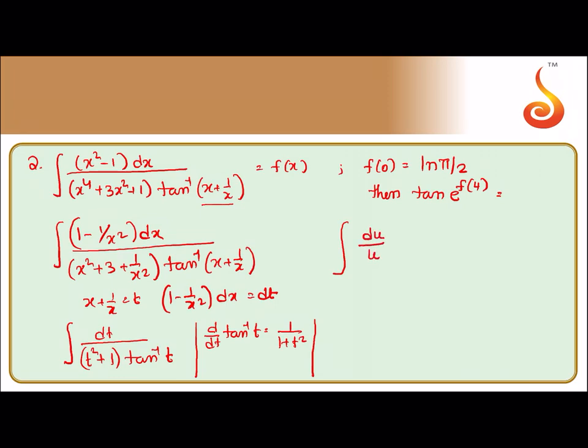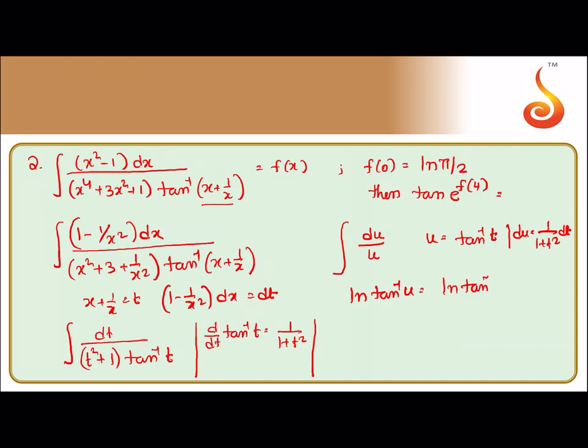So, this can again be written as du by u. What is u here? u is equal to tan inverse t. So, du is equal to 1 by 1 plus t square dt.